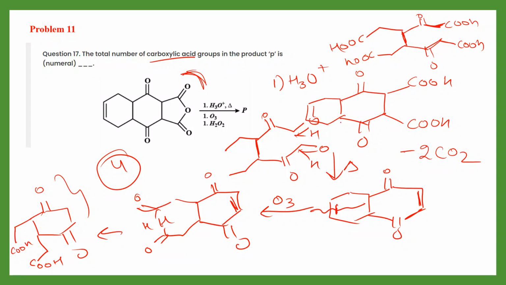Yes, anhydride. If it is again going to form this anhydride, then why is it starting from this? It is starting from this and will again form anhydride. That is not the case, right?